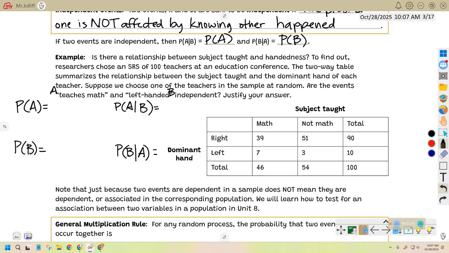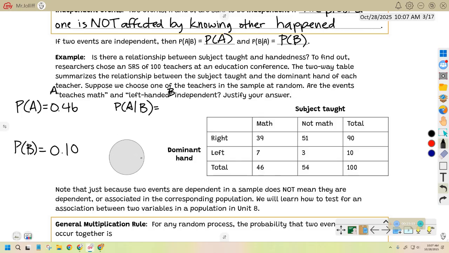So let's start with P(A). What is the probability that a teacher at this conference teaches math? Out of 100, so 0.46. Perfect. We like things out of 100. They're easy to calculate. All right, what's the probability that they are left-handed? 0.1, 10 out of 100. 0.1. Yeah, good.